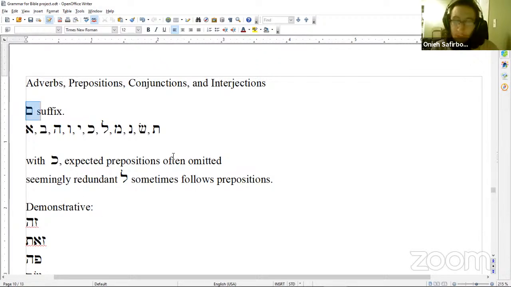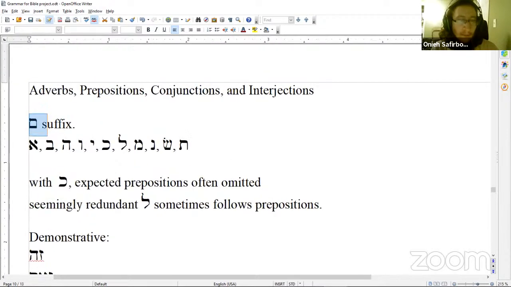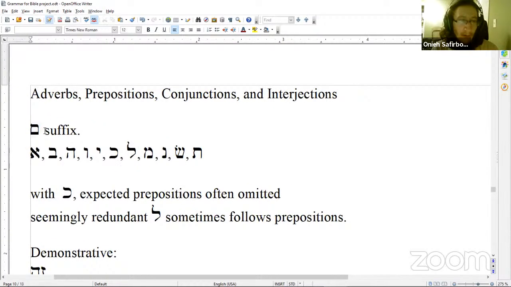So adverbs are formed with a mem suffix. Right here, mem. So I'm going to show you guys some examples of that happening.